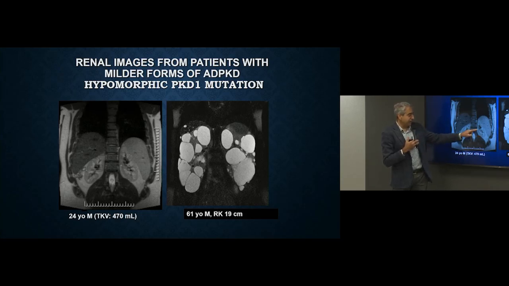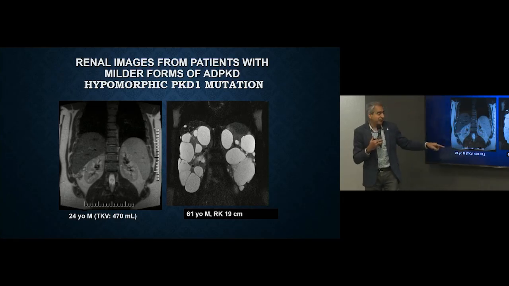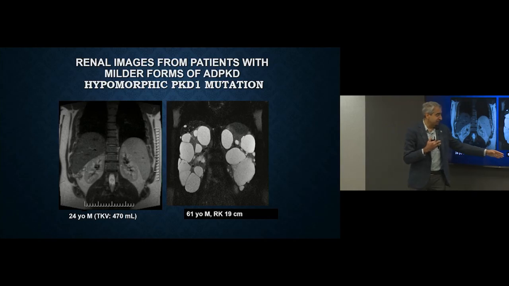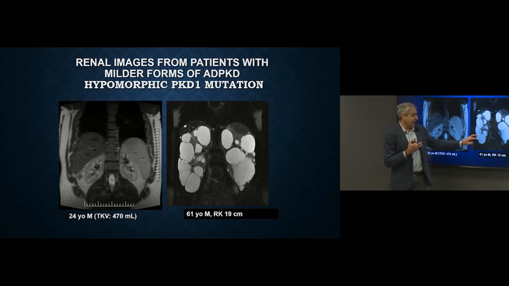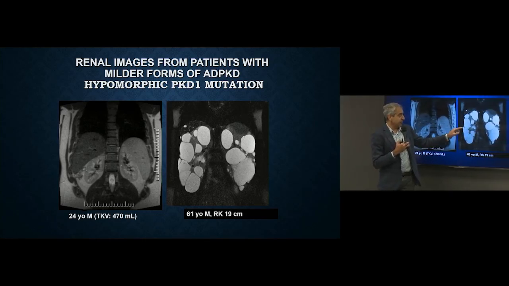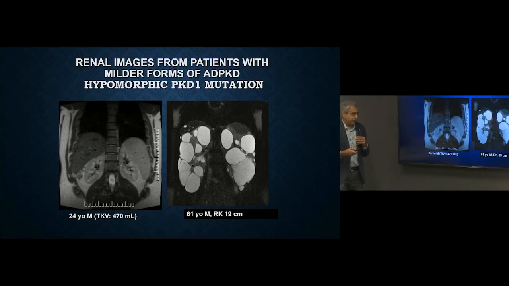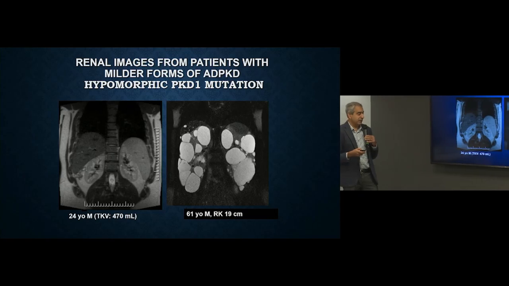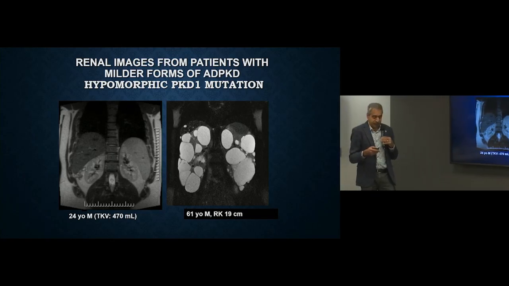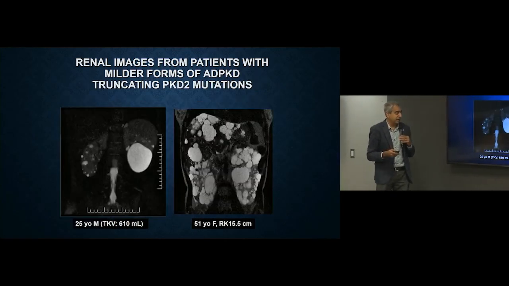They're just very pinpoint little cysts in the kidneys. This is a 61-year-old patient that has a few cysts, but these are large cysts, but they're few. And in between the cysts, we can still see some degree of kidney parenchyma. And so generally, they tend to have better kidney function.